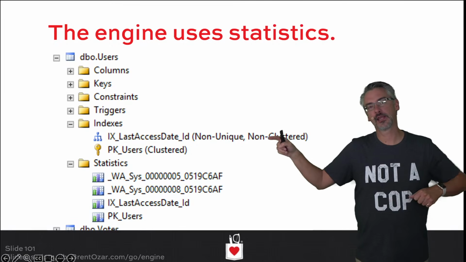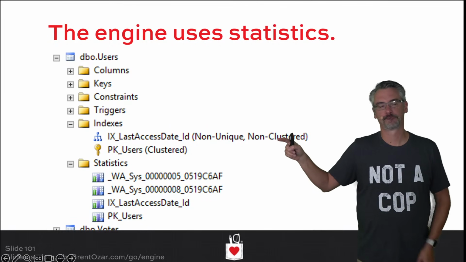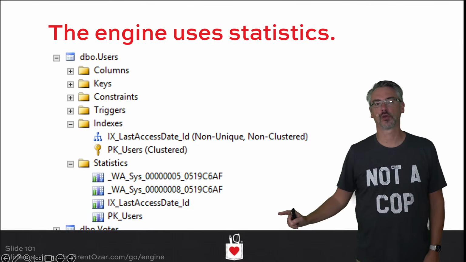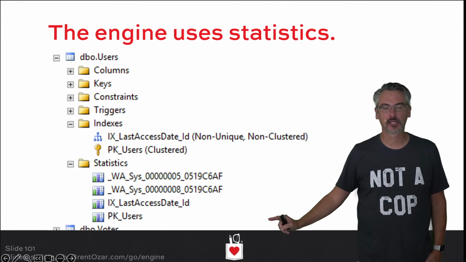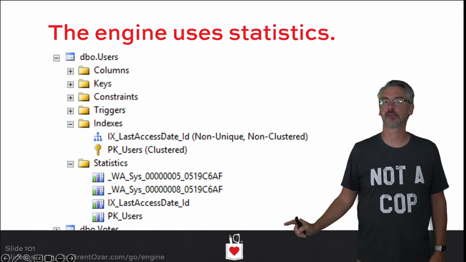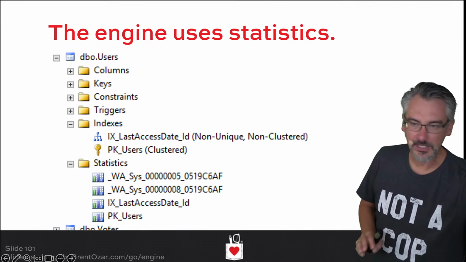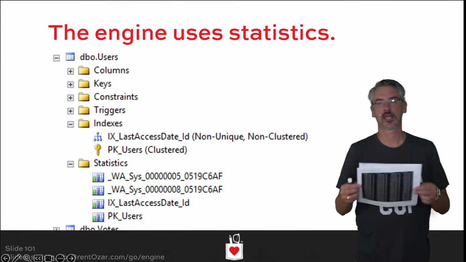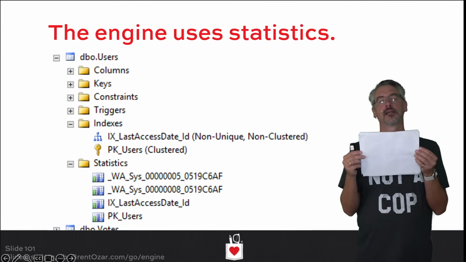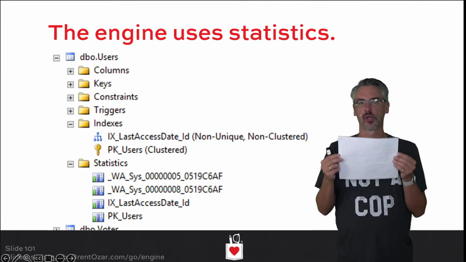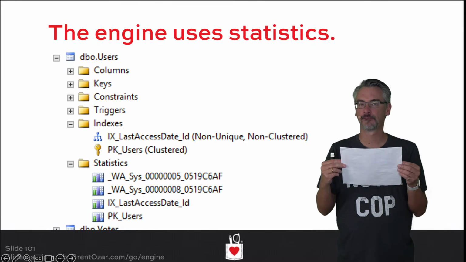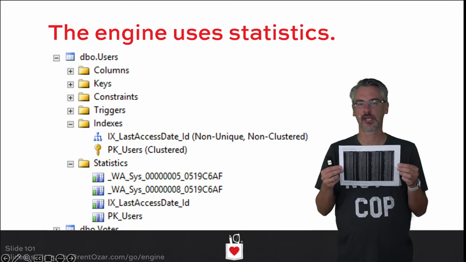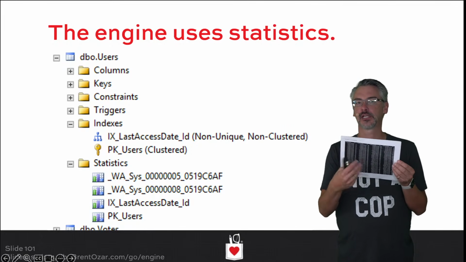But for every index that you create, SQL Server also creates a statistic with the same name. A statistic is one 8K page worth of metadata about the contents of what's in this index.